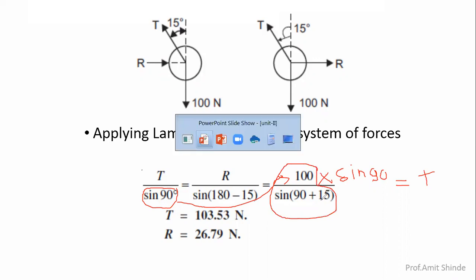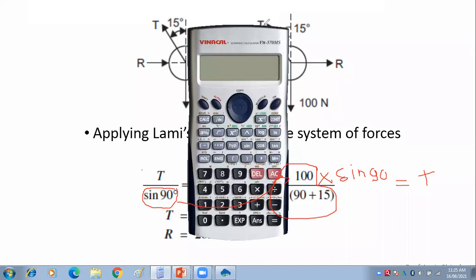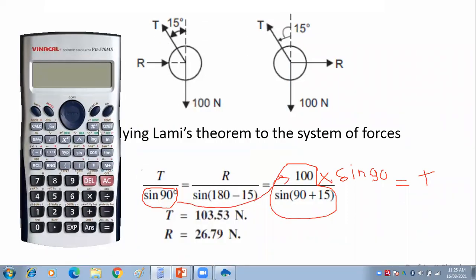Now let us calculate these terms. 100 into sine 90 divided by sine of the addition of these two angles, 90 plus 15, which becomes 105. This value will be 103.52, that is T.